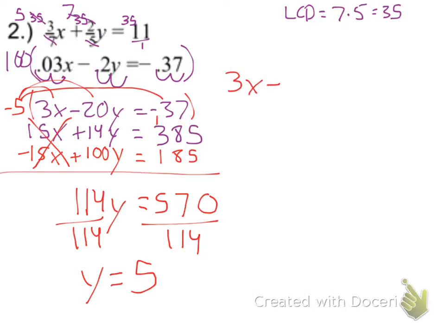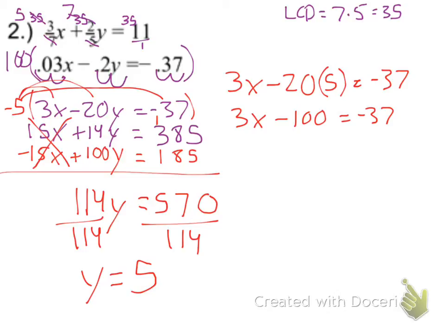3x minus 20 times 5 equals negative 37. Yes? Yeah. What's 5 times 20? Negative 100. So it's a minus 100 equals negative 37. I think we agree that we should add 100.